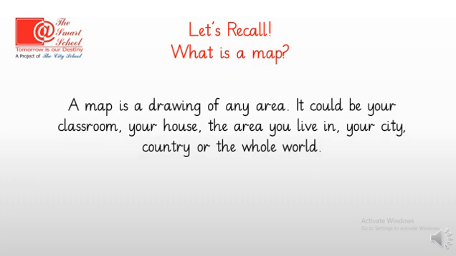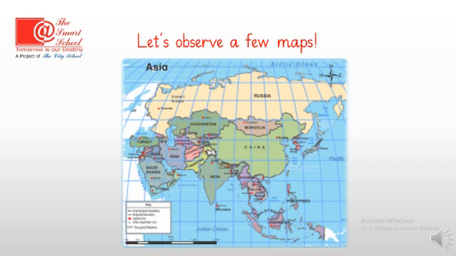Yes, a map is a drawing of any area. It could be your classroom, your house, the area you live in, your city, country, or the whole world. Now let's observe a few maps because we are going to find the features of the maps.